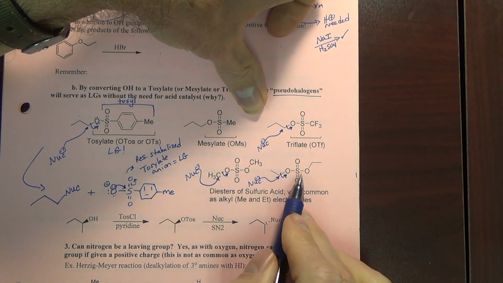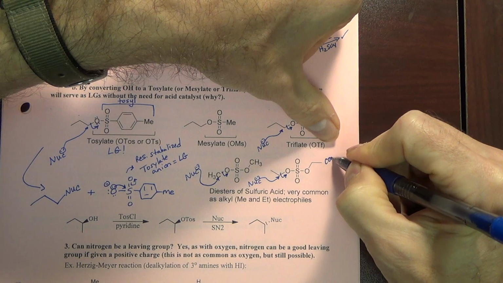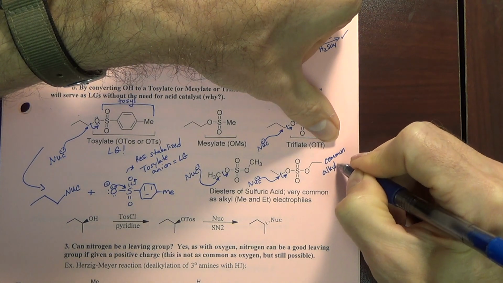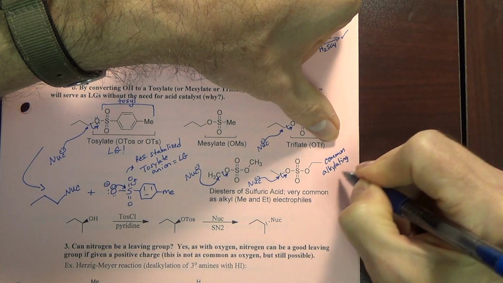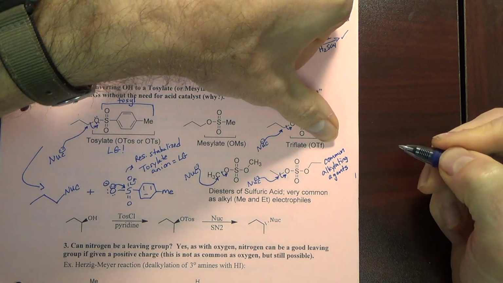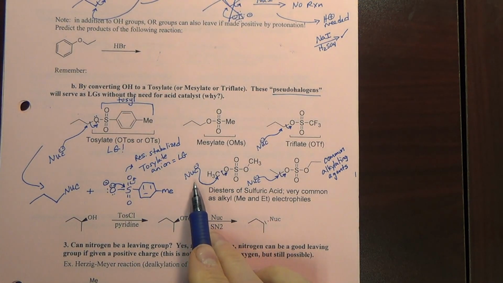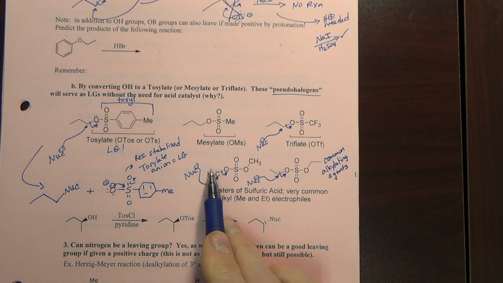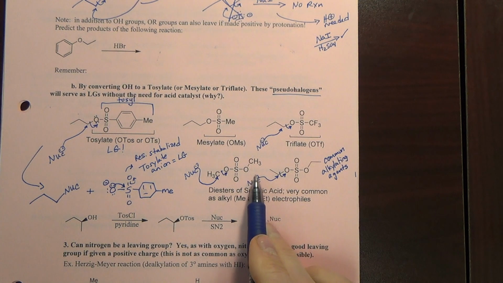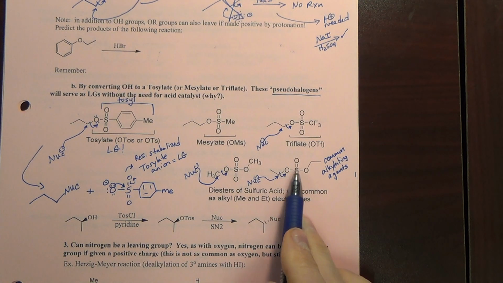These are very cheap, and these are common, we can use this term here, common alkylating agents. Because the nucleophile is going to become bonded to the methyl. That's actually a methylating reagent. Here the nucleophile becomes bonded to an ethyl. This would be an ethylating reagent.